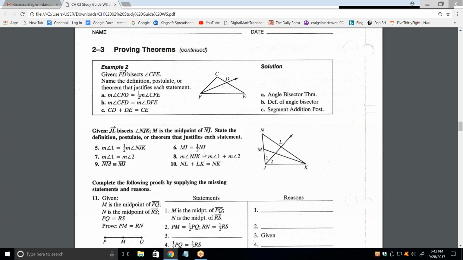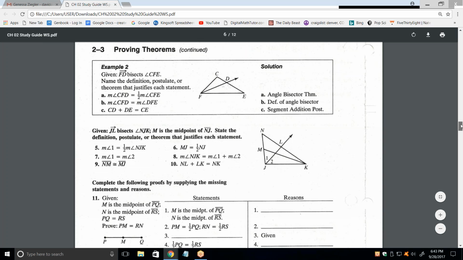So apparently there is one answer for each of these. So number 6: MJ is equal to half of NJ. Why is that true? I think it's the midpoint. Well, in other words, M is the midpoint of NJ.